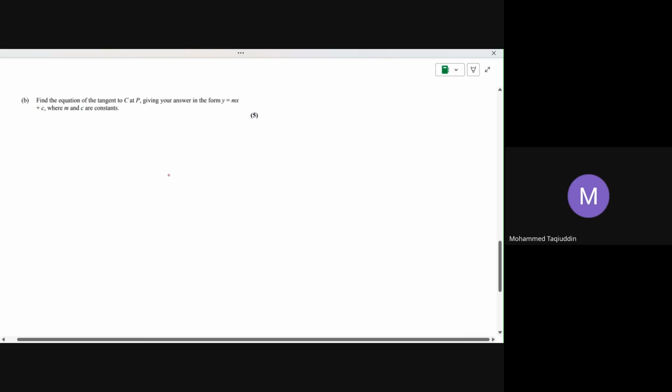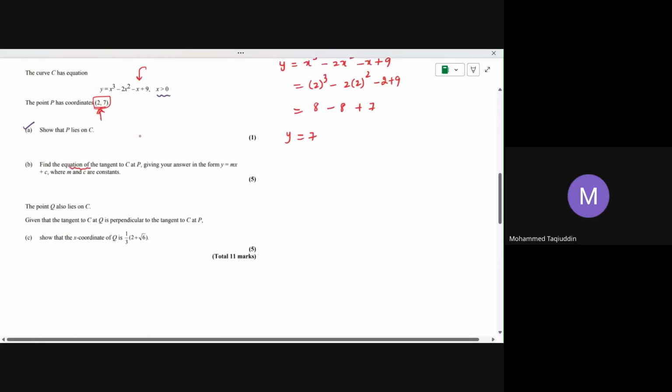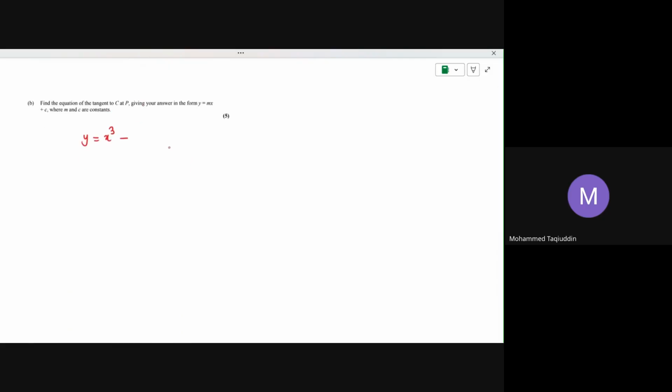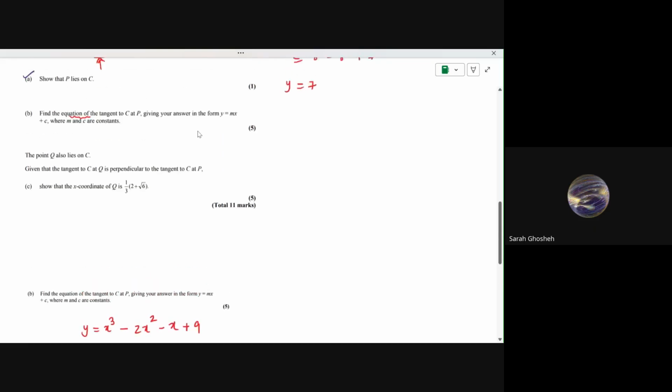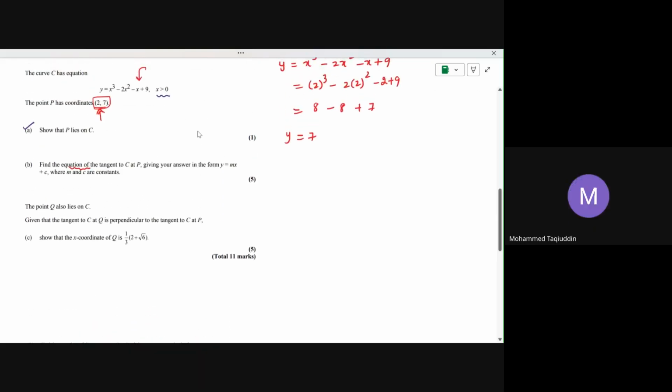Just assuming the equation, what was that? y equals x cubed minus 2x squared minus x plus 9, isn't it? This was my equation, where x is greater than 0.